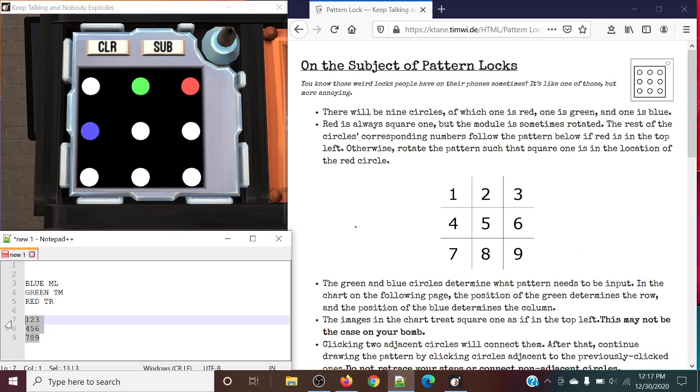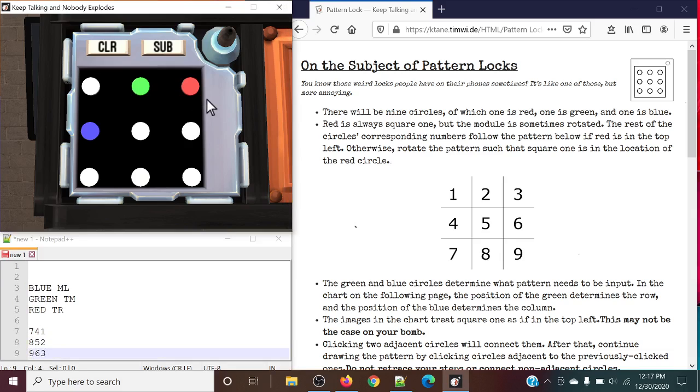So what this is essentially going to look like is X X 1, X X 2, X 3, and then it's going to go down. It's going to go 4, 5, 6, 7, 8, and 9. And this is how the module is going to look.